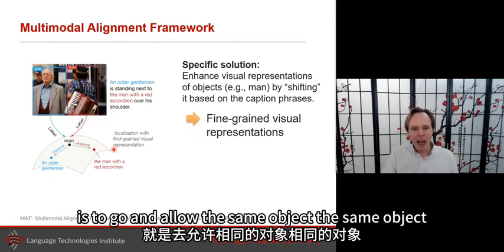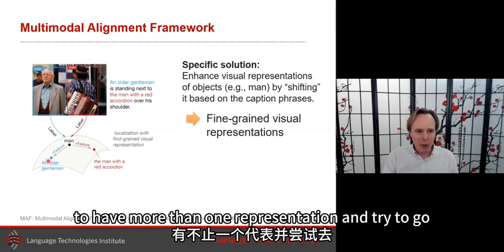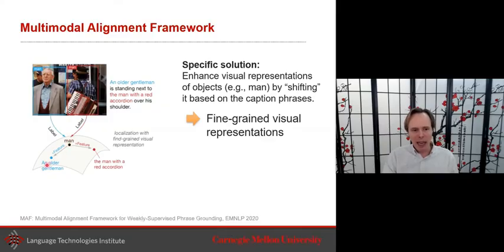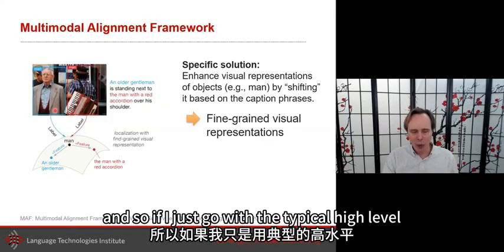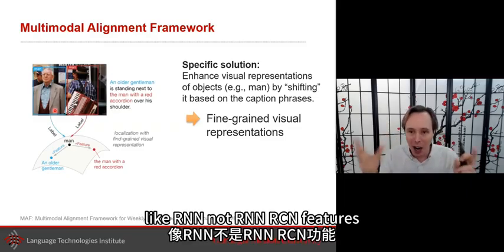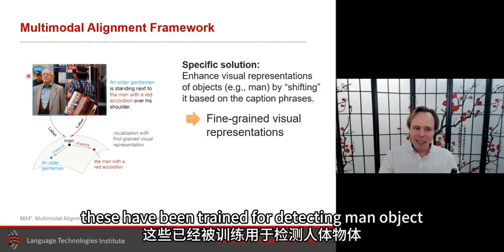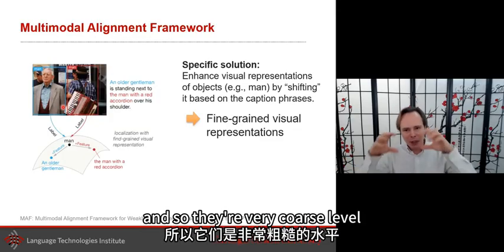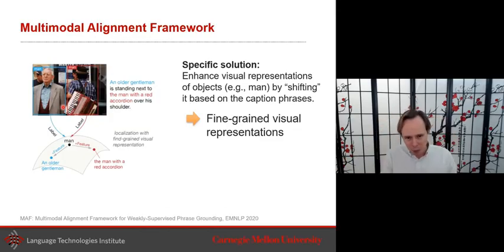The interesting part in that paper was to allow the same object to have more than one representation. If I just go with the typical high-level RCNN features, these have been trained for detecting man, object, and so they're very coarse level.